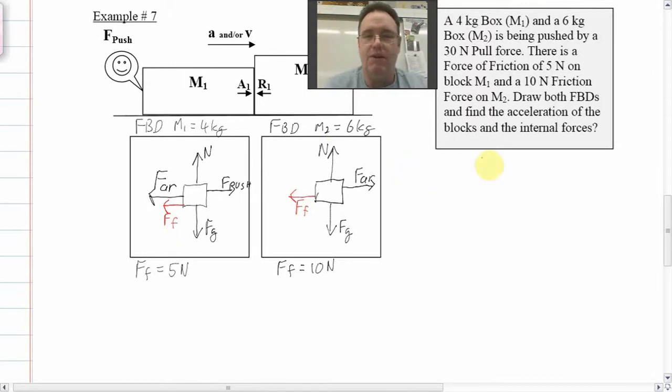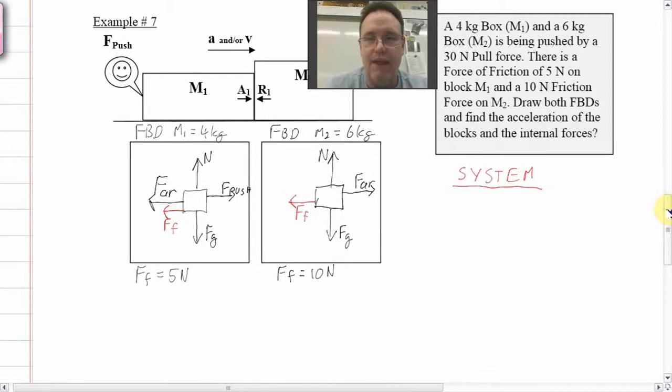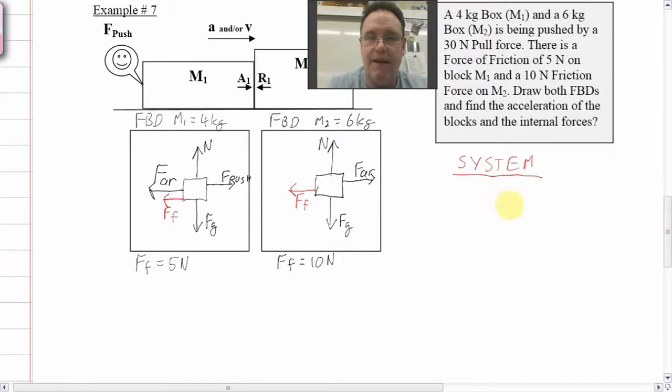So let's look at the system. When we look at the system, we have to ignore the internal forces, which is the push and pull. If there are ropes, we'd ignore the tensions in between the blocks. Let's look at the mass of the system first. The mass of the system is 10 kilograms.